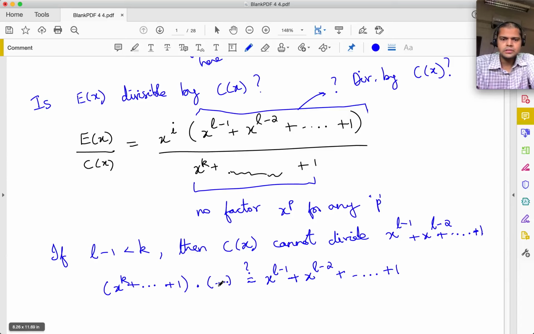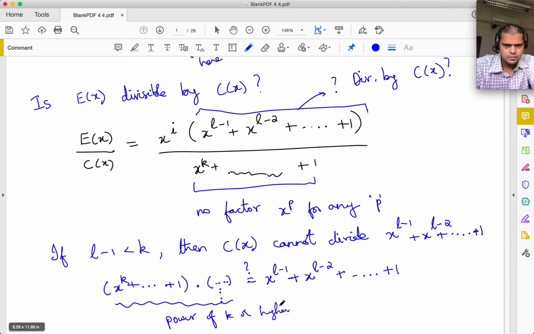Okay, and obviously you can't have it because whatever you have here, whatever is the resultant, will have power of k or greater. So this product is going to have x to the power of k or higher, right? And on this side you have less than k, so it's not going to be possible.